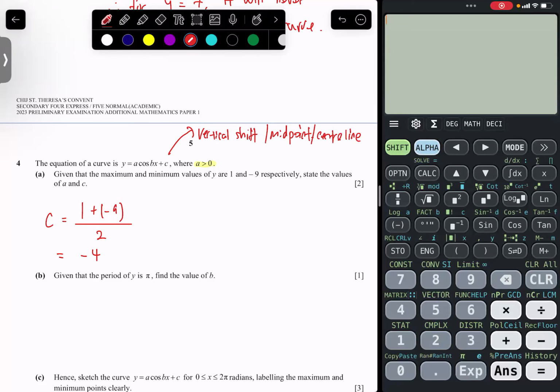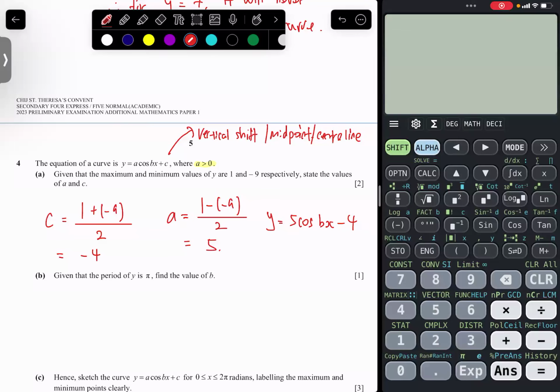So the amplitude equals 1 minus -9 divided by 2 equals 5. Therefore, the equation is now y equals 5 cos bx minus 4.